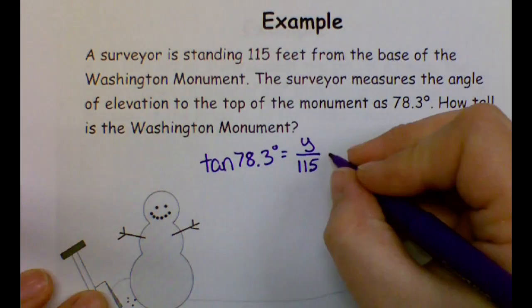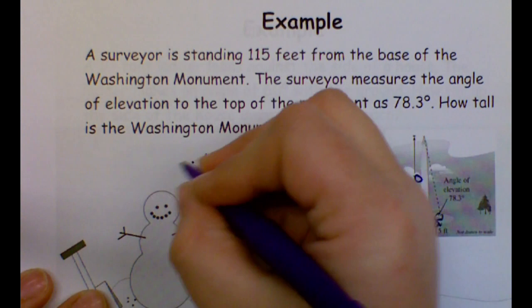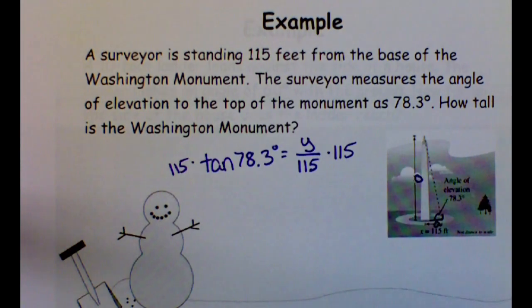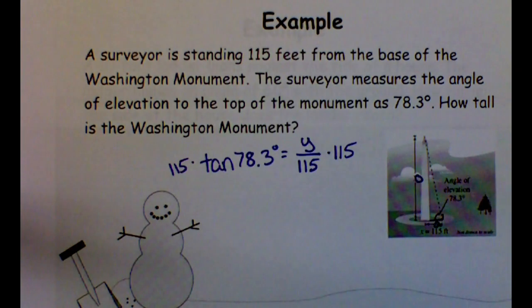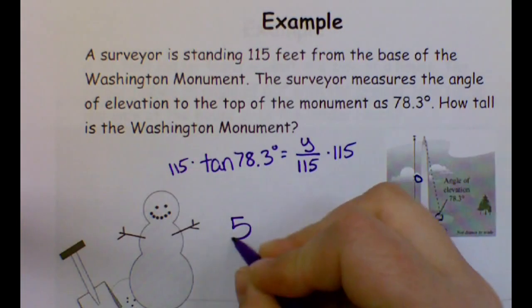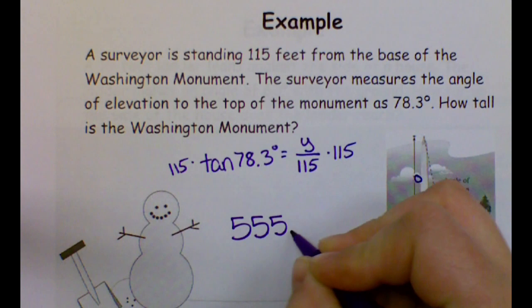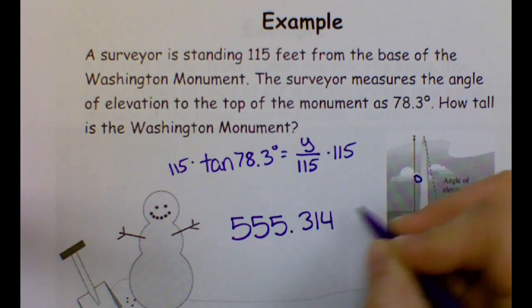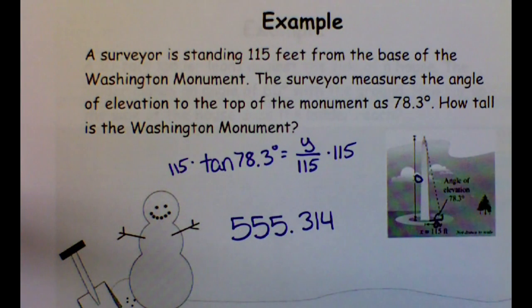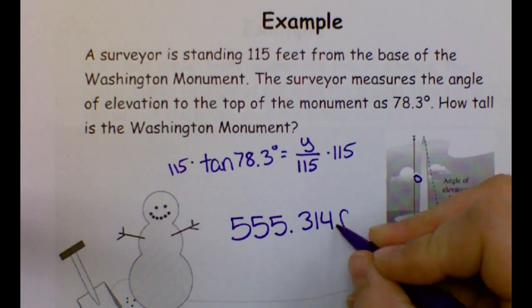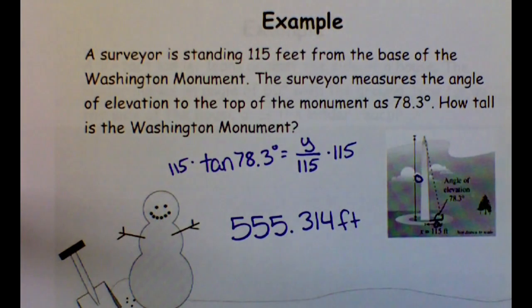Remember that to solve this, we just multiply by 115 on both sides, and then grab our calculator. 115 times the tangent of 78.3. Make sure you are in degree mode. We get 555.314 feet. And after a little light research, you can find that this is actually pretty darn close to accurate.